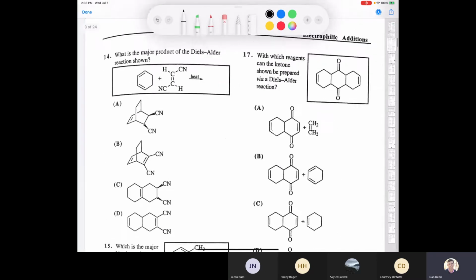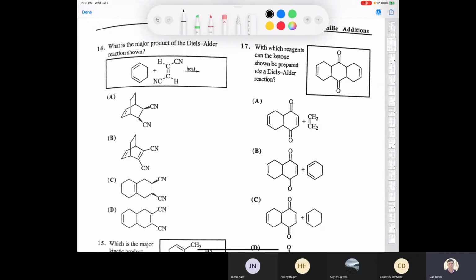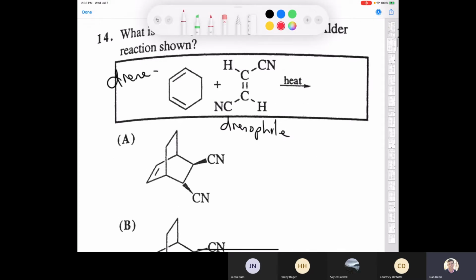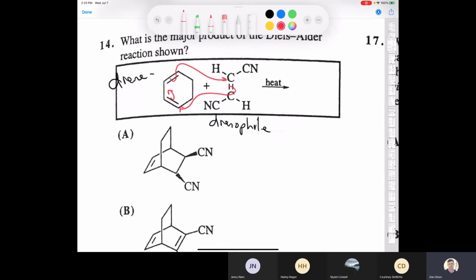All right. Let's take a look at question number 14. It says, what's the major product of this Diels-Alder reaction shown? We have our diene here, and we have a nice dienophile, right? And you should be able to draw the curved arrows for this reaction mechanism. So we're going to make a bond here, a new bond here, and a new bond like this.